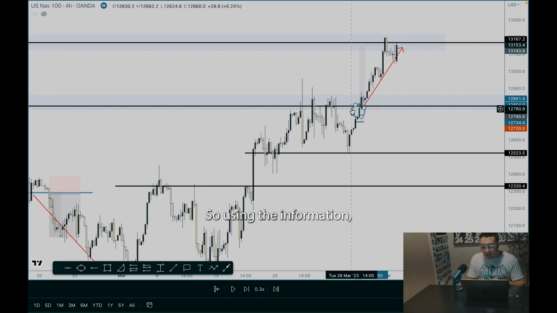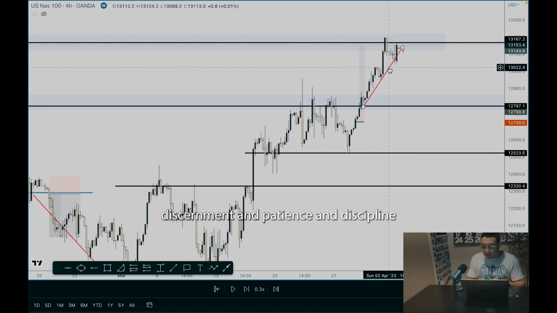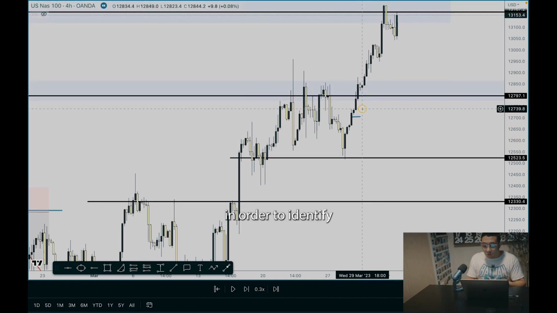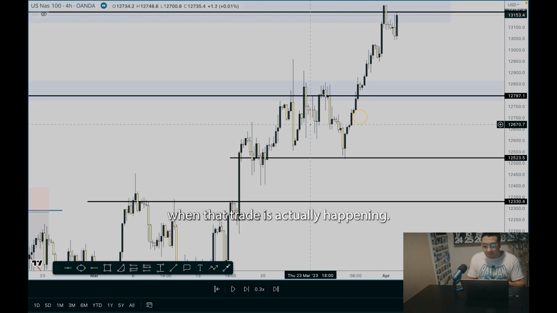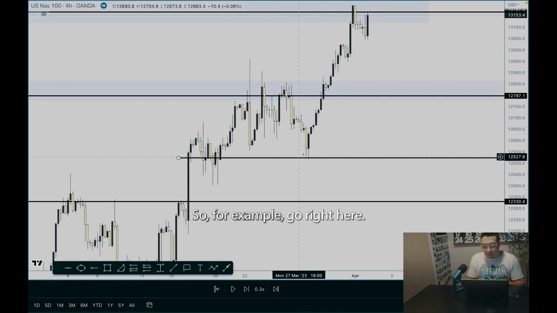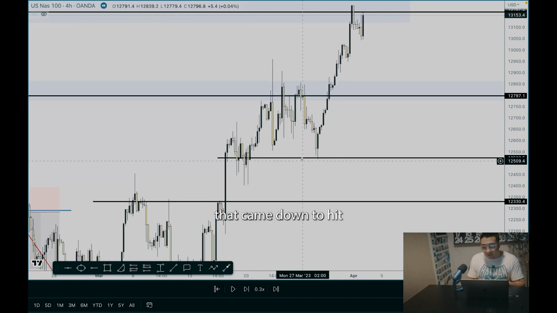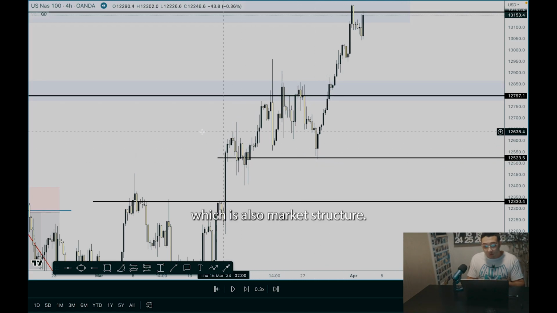So using that information, you're able to use discernment, patience and discipline in order to identify when that trade is actually happening. For example, we'll go right here. Now I did not catch this move, but we're going to go over it so you can understand as well. You see that price hit this resistance and area of supply here, and then came down to hit this level of support, which was also market structure.